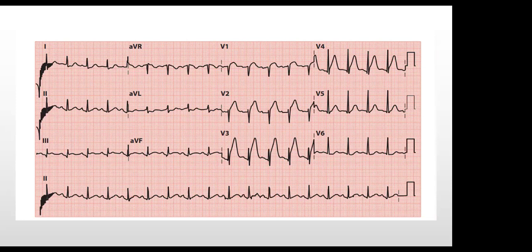It's tall but narrow, but this one looks more like the hyperacute T wave of ischemia. It's broad. I think overall, the lesson here is to keep differentials in your mind, and history is usually useful to know exactly what is happening.